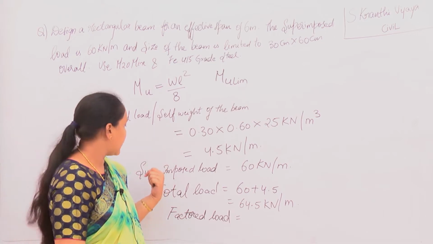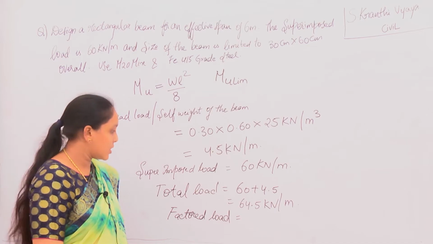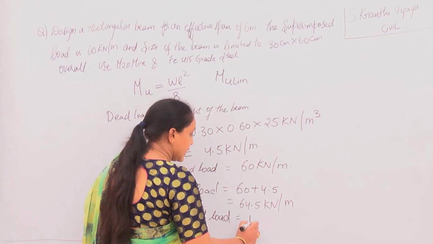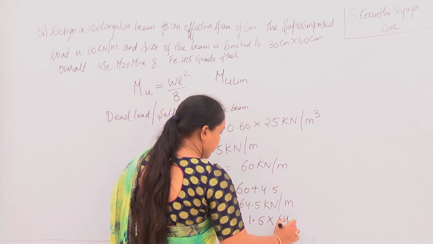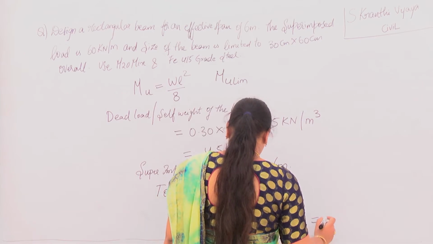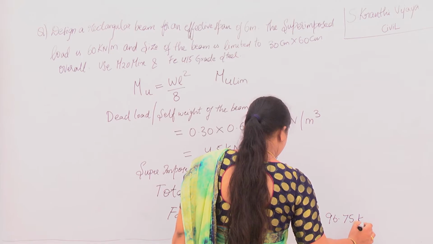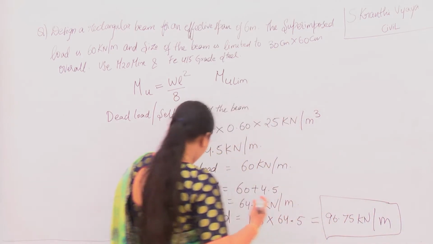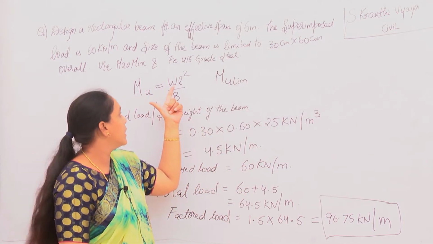One is the dead load and the other one is the live load or the imposed load. The partial safety factor for it, which you have already seen in IS 456-2000, is 1.5 into the total load, which is 64.5, which will give you 96.75 kilonewton per meter. So this is going to be your factored load which you are going to use here in the place of W.